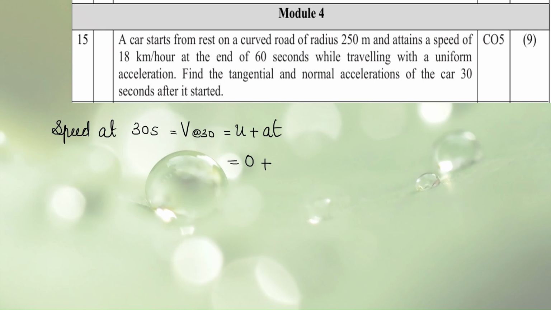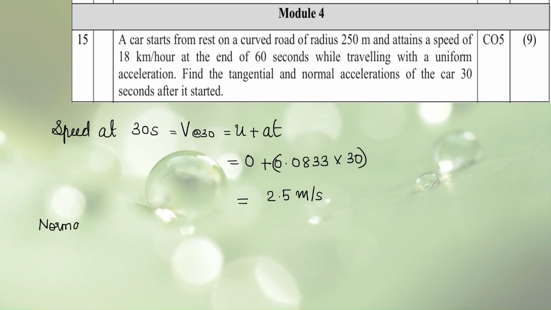Acceleration, tangential acceleration we are getting as 0.0833, into time. At 30 seconds I am considering, so the time is 30. So speed at 30 seconds, if you calculate, you will get 2.5 meter per second. And next we need what?